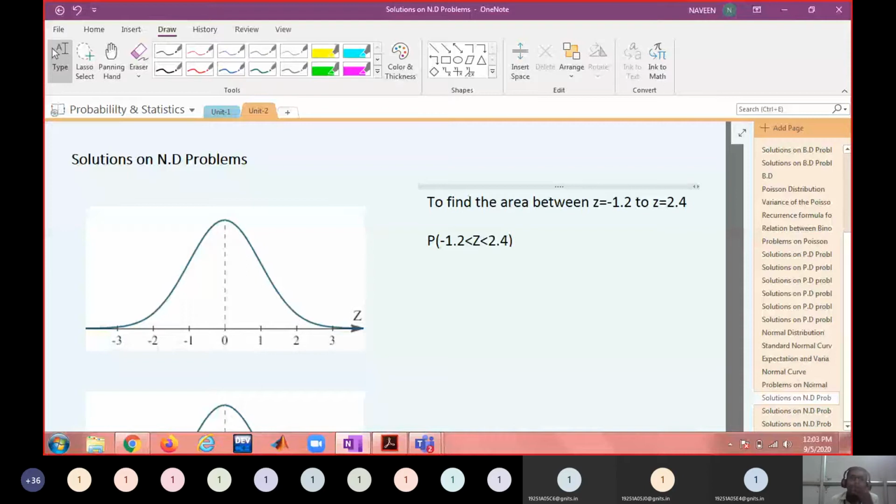Am I right? Because the probability between two values gives the area between those two scores, right? So minus 1.2 is a negative value, 2.4 is a positive value. Minus 1.2 must be somewhere here.